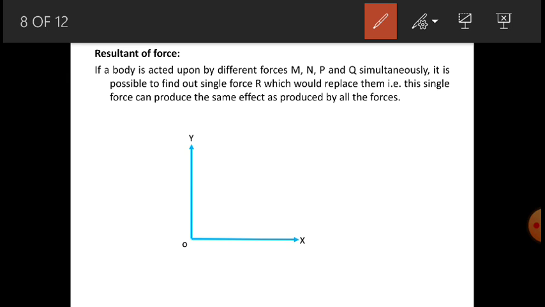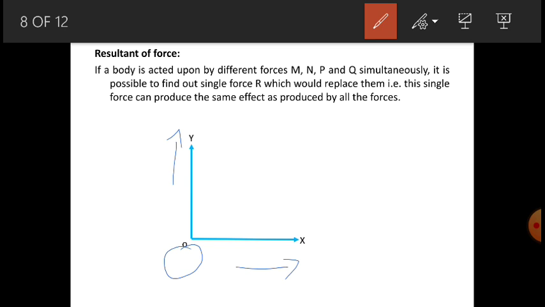If a body is acted upon by different forces, for example M, P, A, Q simultaneously, it is possible to find a single force R which replaces them, that is, this single force can produce the same effect as produced by all the forces. Consider that this is the object O, and we are applying force Y in this direction and force X in this direction.